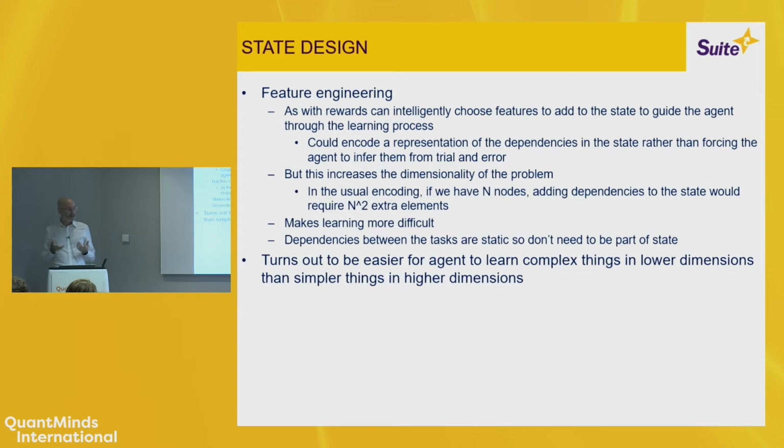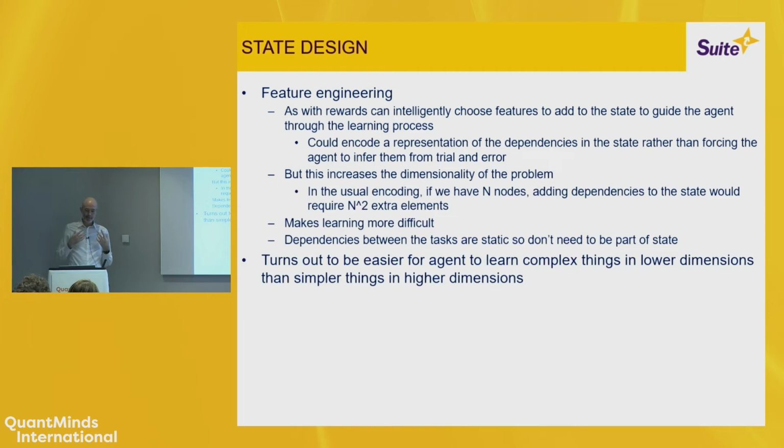But clearly, this increases the dimensionality of the problem. In the usual encoding, if we have n nodes in the dependency graph, it would require adding n squared extra elements to the state. And that in itself makes the learning more difficult.